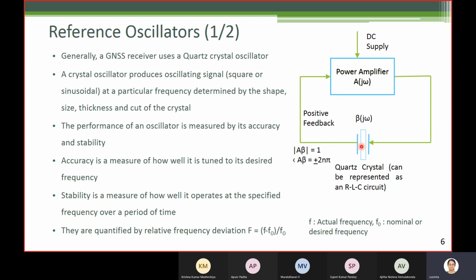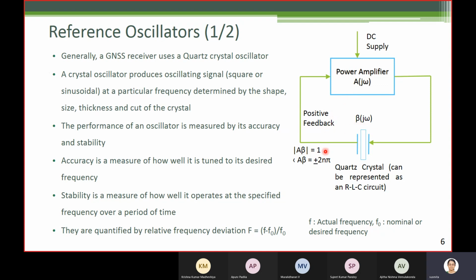So because of the frequency selective property of the crystal, only a narrow band of frequencies centered at that particular frequency are sustained. Other frequencies die down. But how do you make sure that the oscillation that you get ultimately does not die down or does not grow with time?